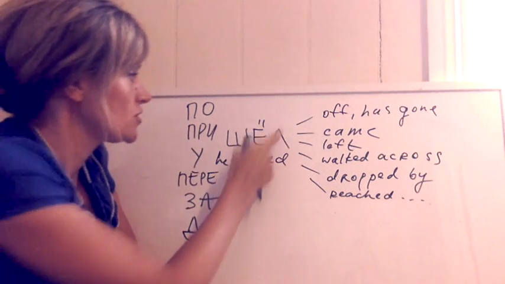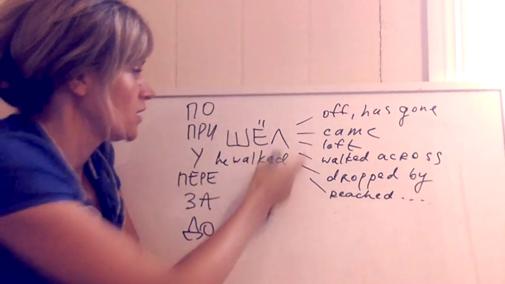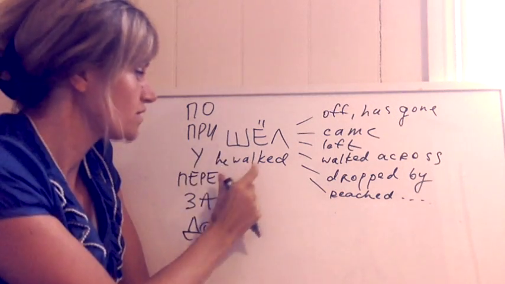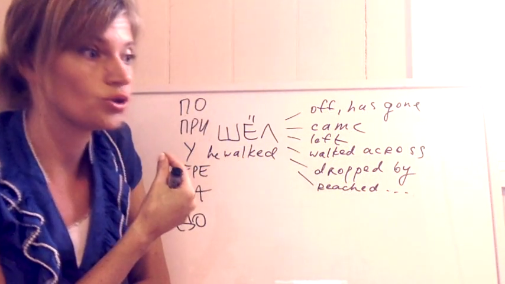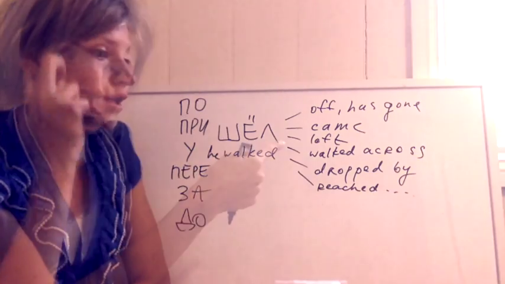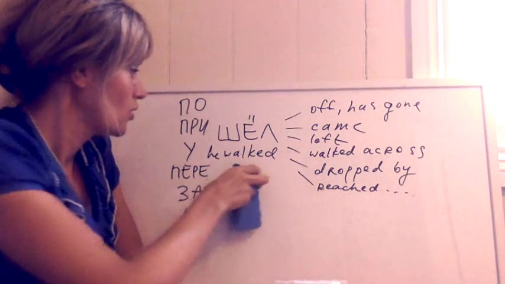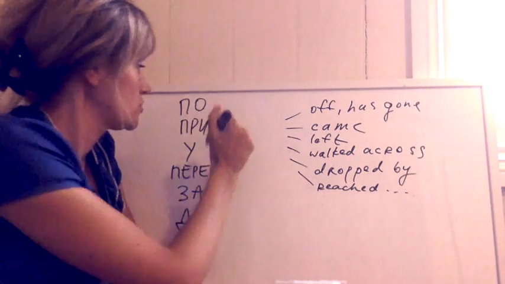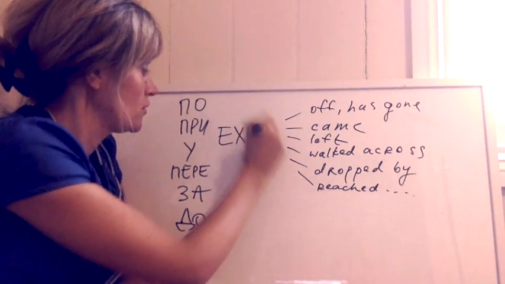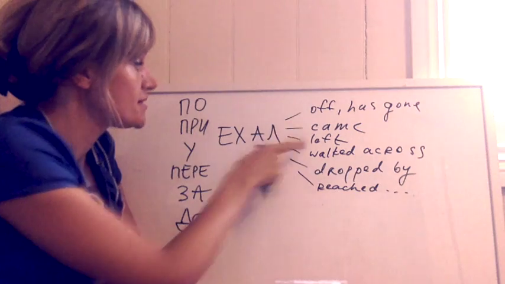So in Russian, it's only one word here, walked, and then you make the variations. If you think about this, what can you do with walking? While you're walking, you can drop by. While you're walking, you can walk across. And then we can leave it all here and put ехал. It's going to be the same.